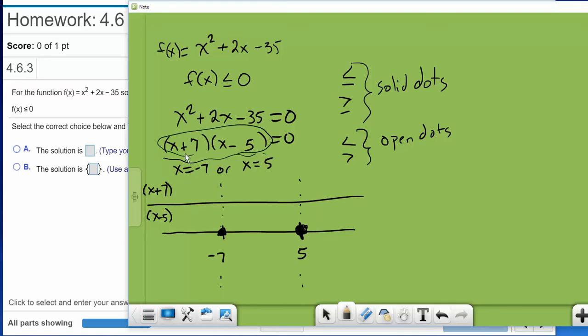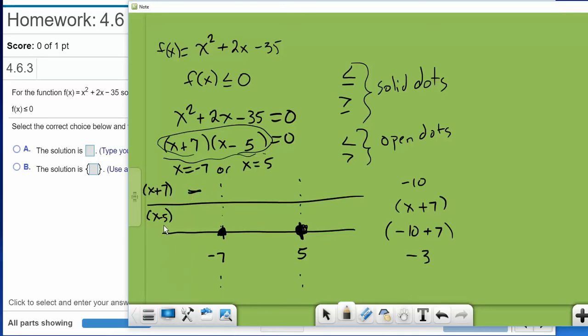So for x plus 7, if I pick a number in this left interval, like negative 10, when I plug it into x plus 7, negative 10 plus 7 will be negative 3. Now I don't care about the 3 part, I just care that it's negative. So I just write a minus sign there.